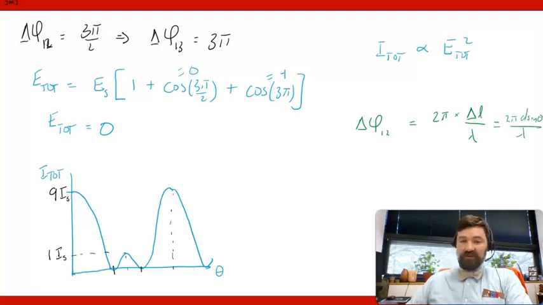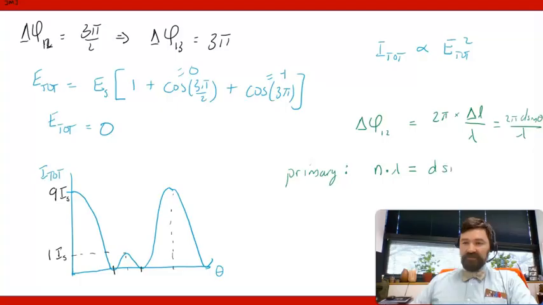And so our equivalent here is that this location was for pi, this location was for 2 pi. Primaries becomes essentially n times lambda is equal to d times sine of theta.